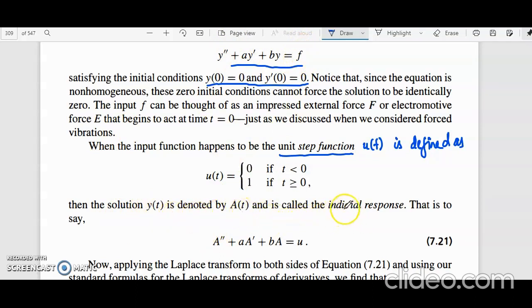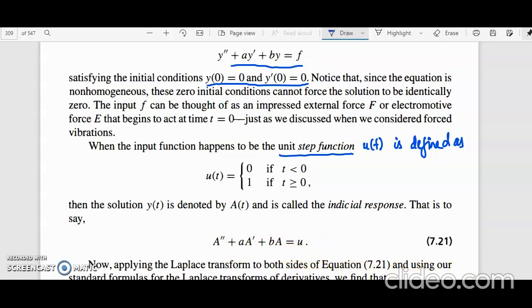So a of t is called the initial response. So when you have the unit step function, the equation can be put in the form a double dash plus a a dash plus b a equal to u.